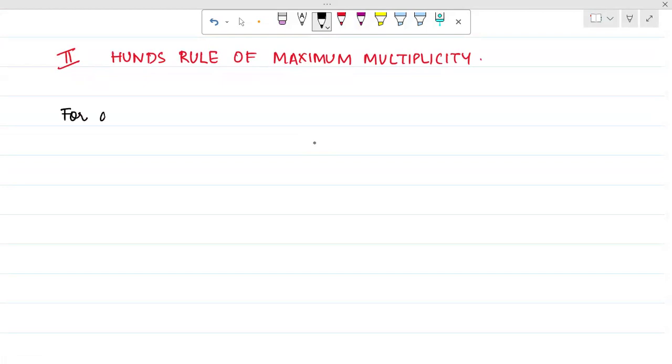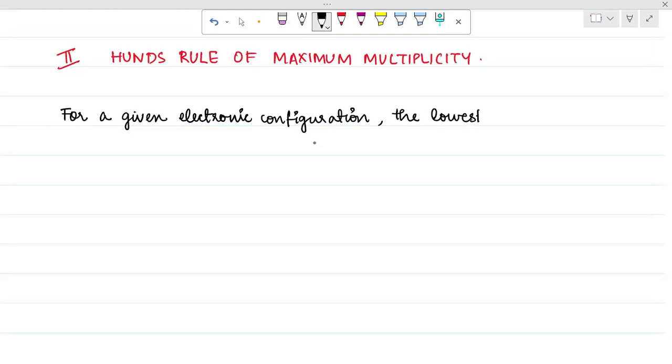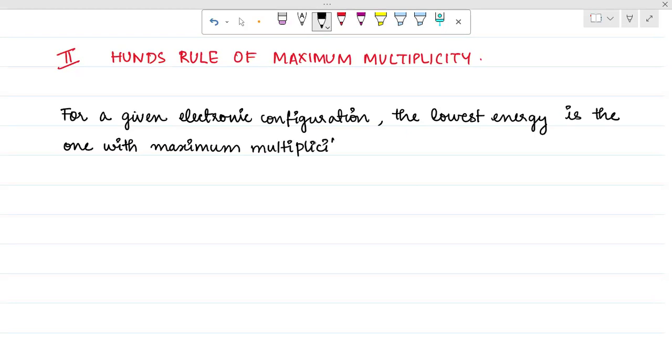For a given electronic configuration, the lowest energy is the one with maximum multiplicity. We'll explain what multiplicity is.